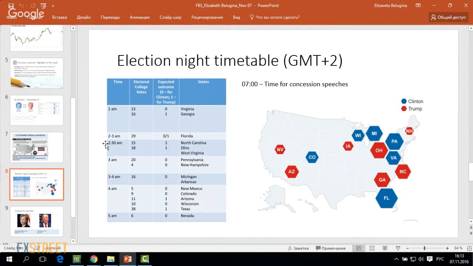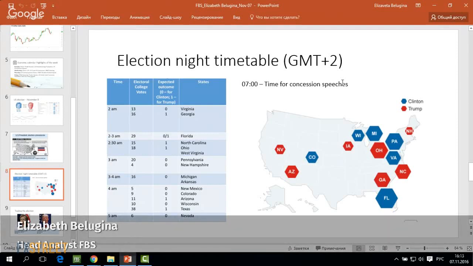All in all, the most important time will be from 2 to 3 a.m. MetaTrader time, GMT +2.